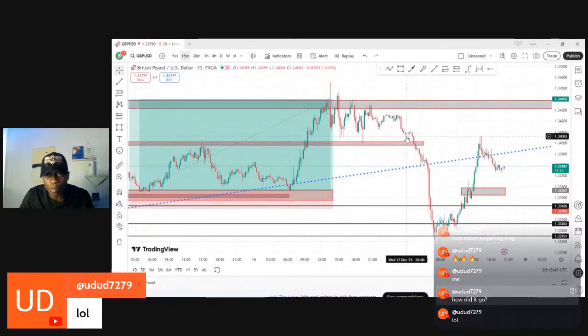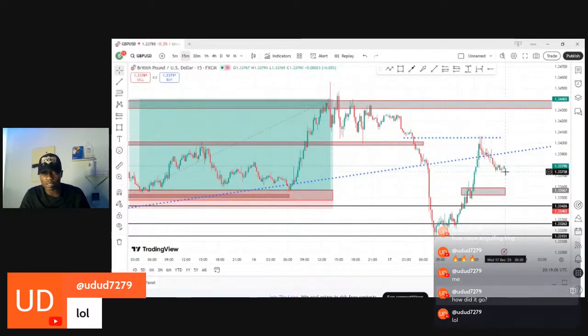This is where I put my take profit, before this particular resistance level. And the market went to that resistance level and started reversing to the downside. That's the reason why it hit me out and started going to the downside.